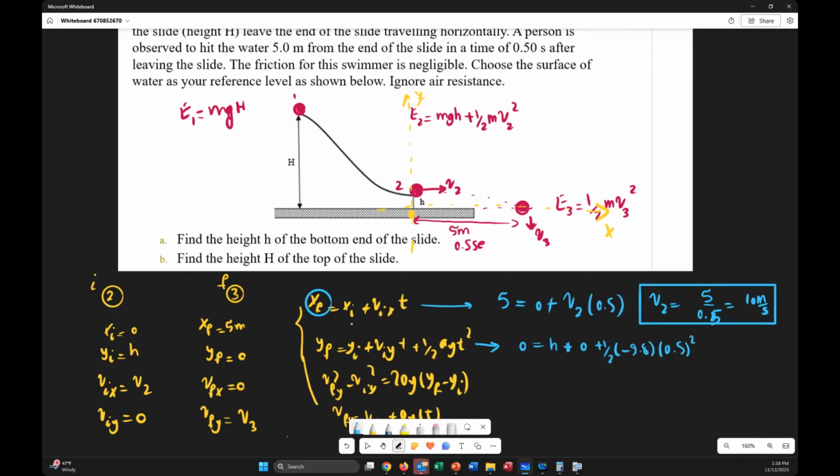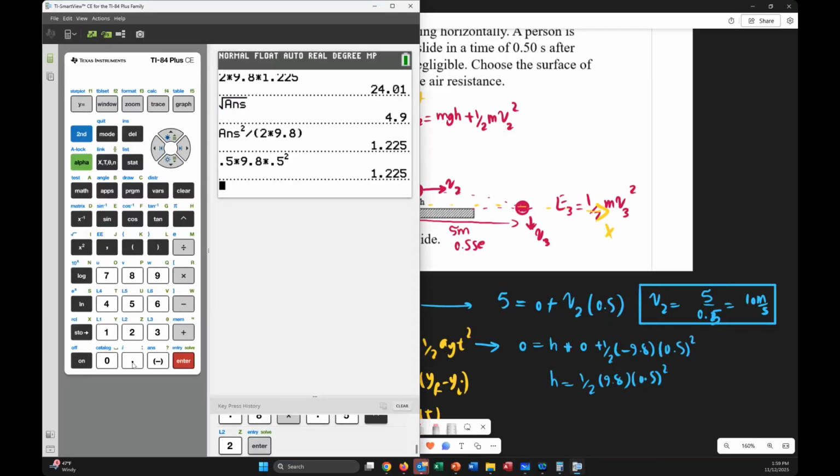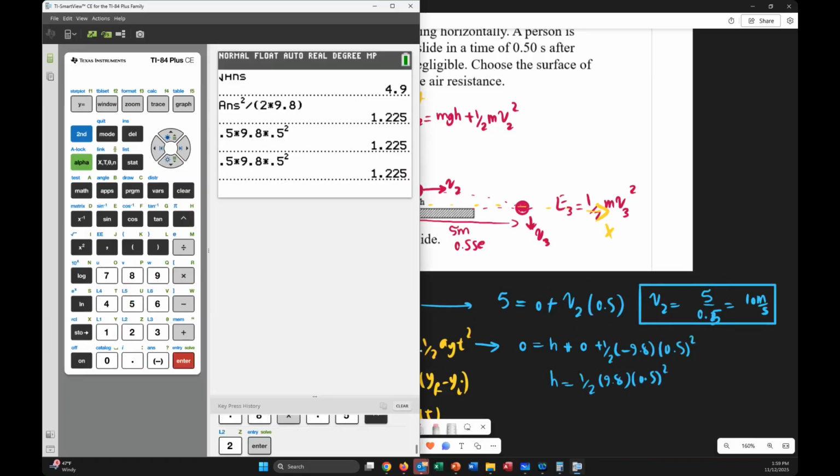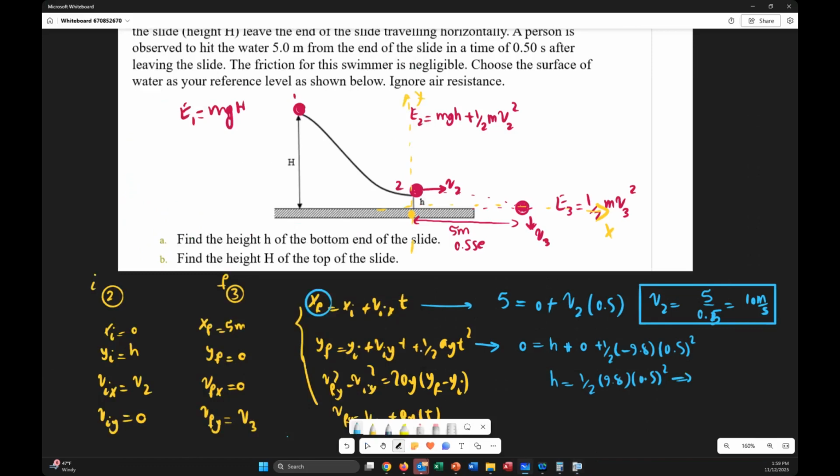So calculate the h from here. It's going to be 1 over 2 times 9.8 times 0.5 to the power of 2, which is 1.225. h here is going to be 1.225 meter.